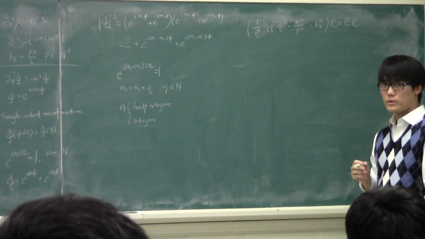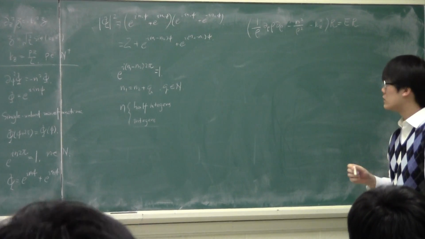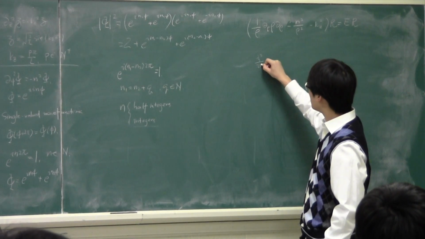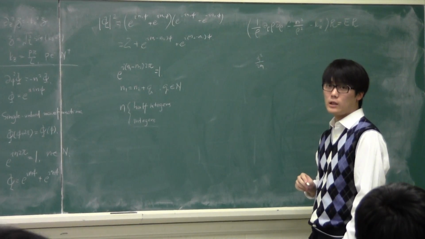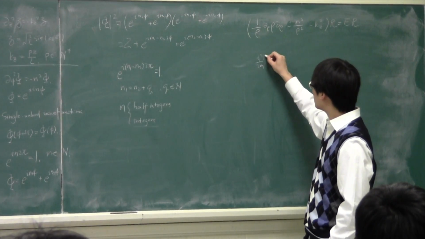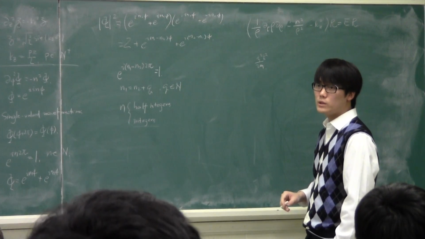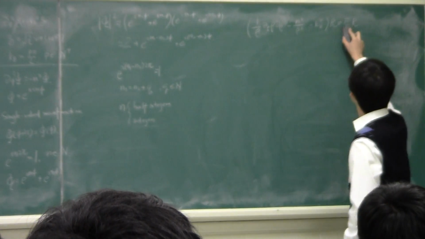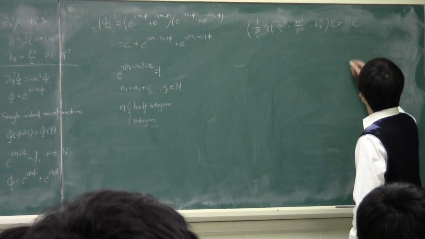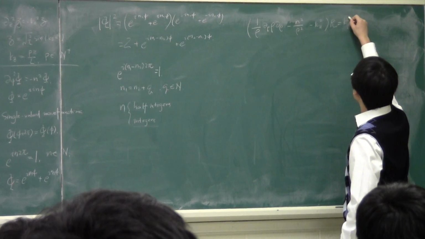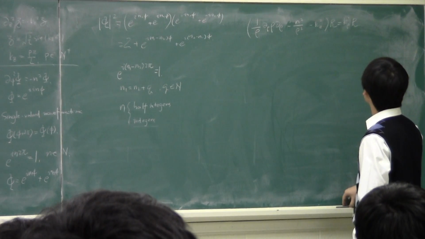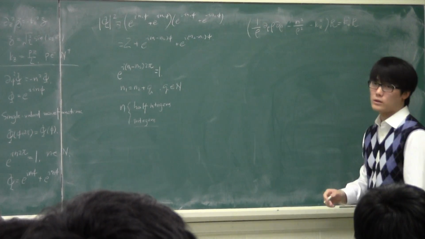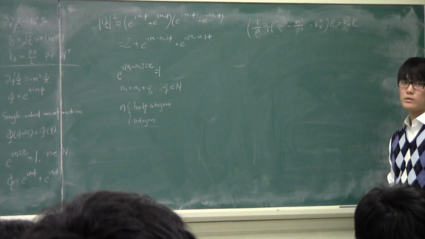We would like to replace the E, since we're now measuring energy in units of h bar squared over 2m, and we know that energy is something like h bar squared k squared over 2m. Let me just replace E with k naught squared. So this is the total wave number.